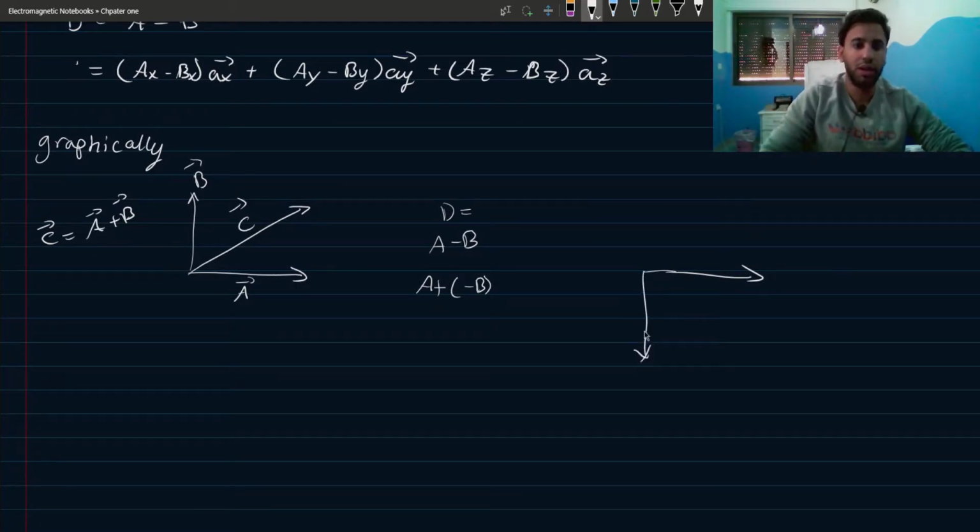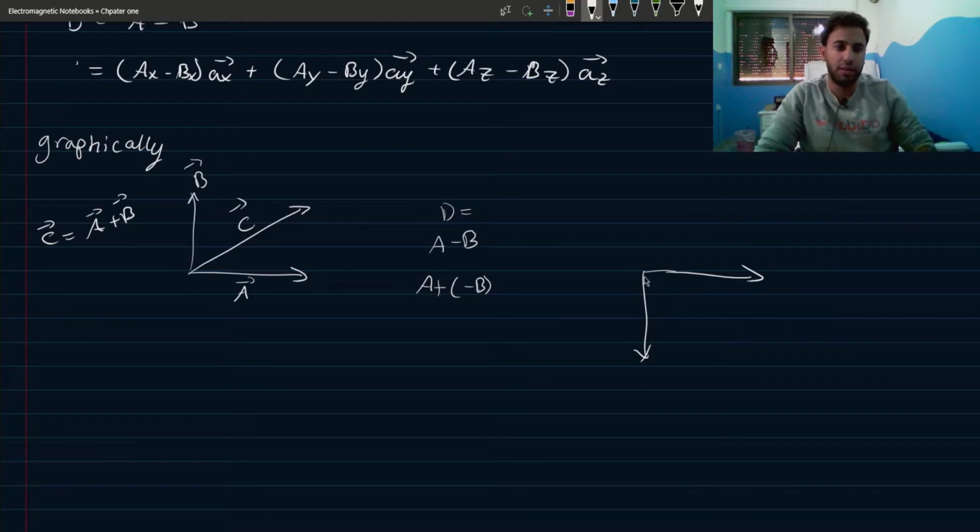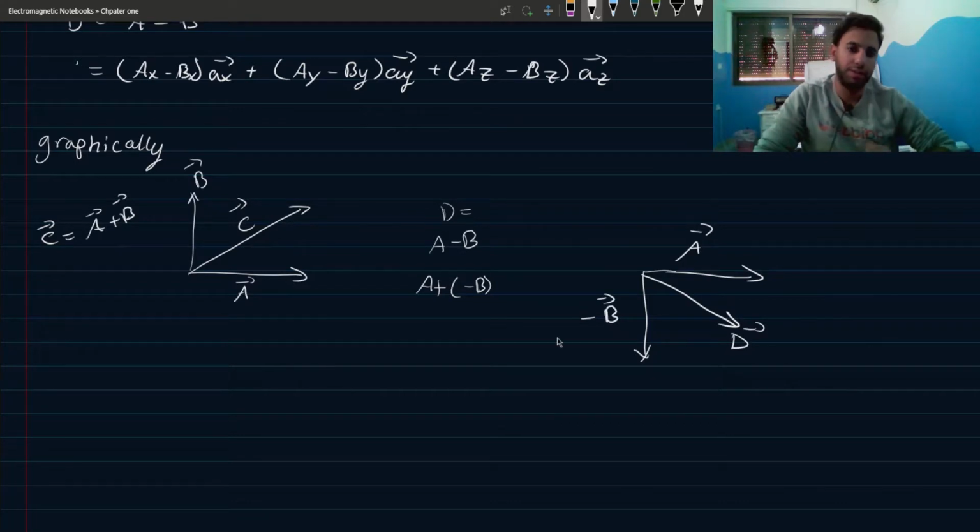So it will go downward and D will just be equal to this. That would be D. This would be A and this would be minus B.